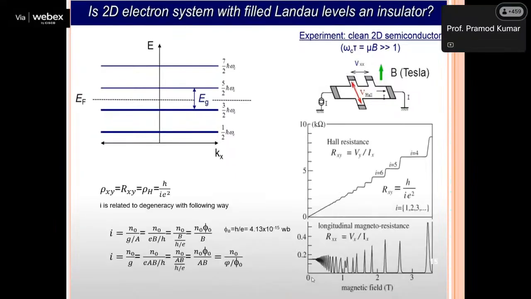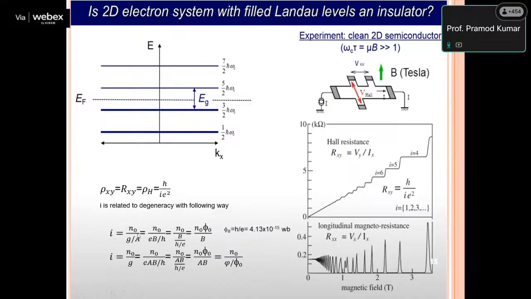Now moving on to the Hall resistivity, ρ_xx and ρ_xy. ρ_H equals h/(I e²). So ρ_xy equals h/(I e²). What about the I? How does this I term come?